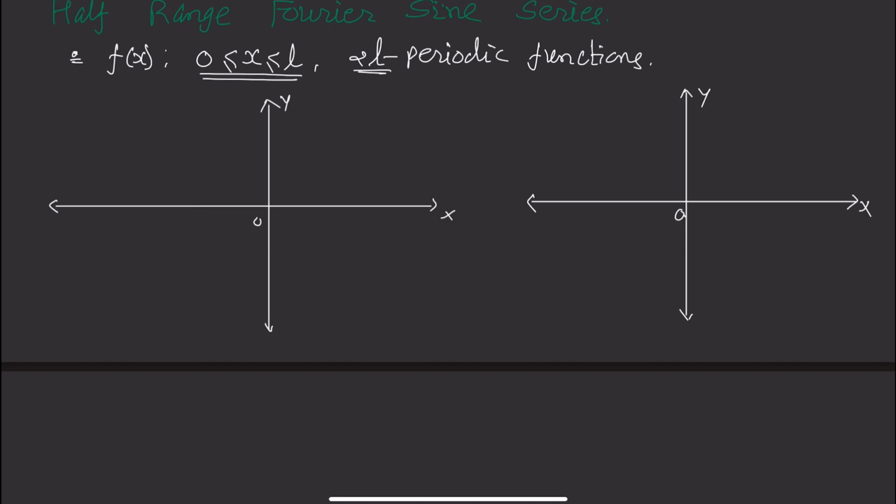This is my function f of x, say for 0 to L. Now I have to extend this function for minus L to L. This is the function f of x over 0 to L. So over minus L to L, and here over minus L to L, I need to extend this function for minus L to 0 and for minus L to 0.